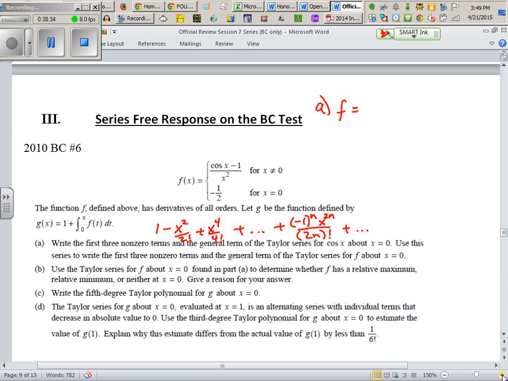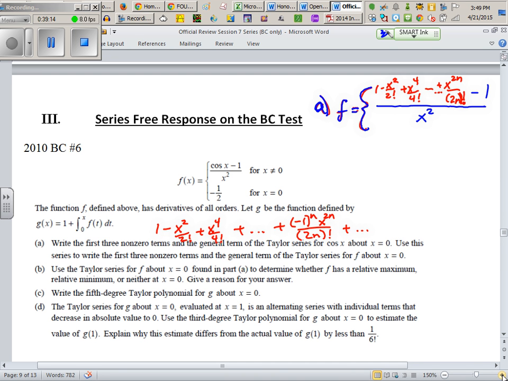F is basically cosine x minus 1, all over x squared.